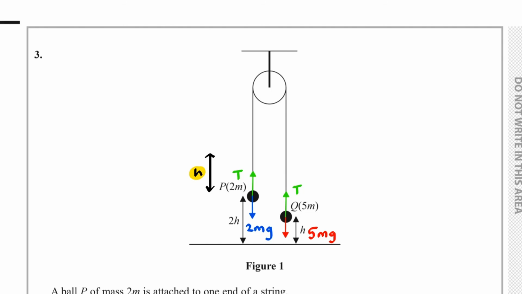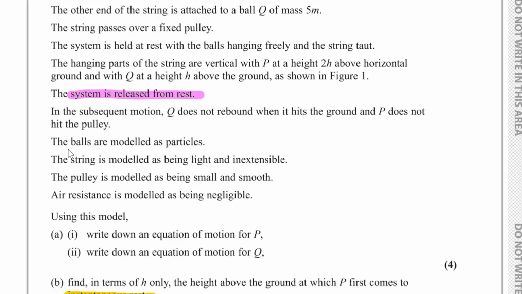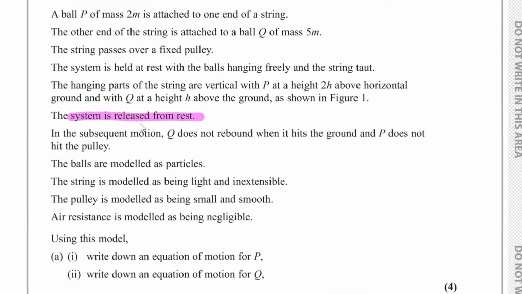And then after this we have extra height as well. We'll call this height capital H, and at this point over here, somewhere over here, P comes to instantaneous rest. So we can find out what H is.